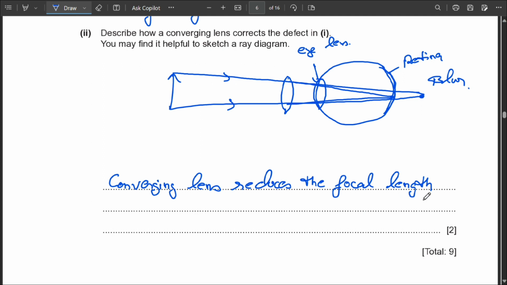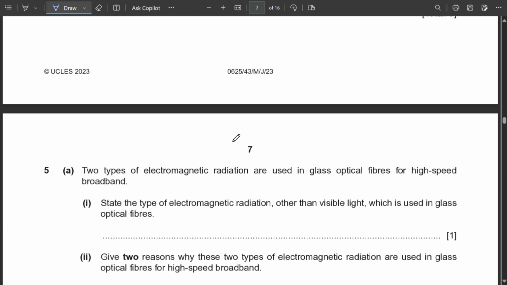It reduces the focal length and helps to form the image on the retina. Okay, so that's our answer. Moving on to the next question.